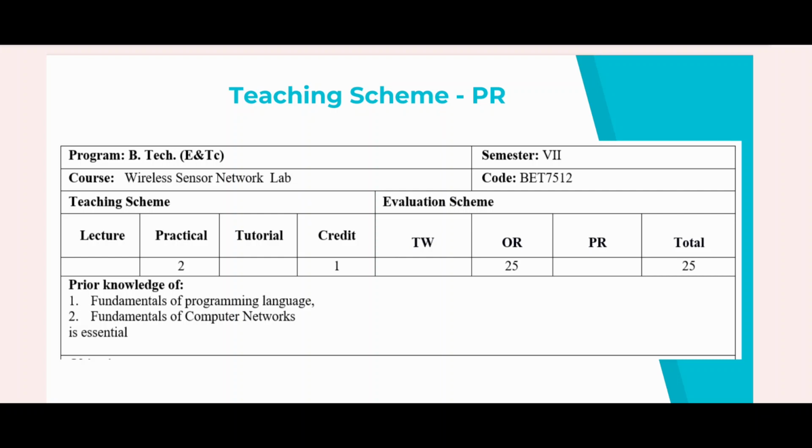The prerequisite for this lab is fundamentals of programming languages, any basic programming language. It might be C or Python, as well as fundamental concepts of computer networks. These are the prerequisites for this lab.